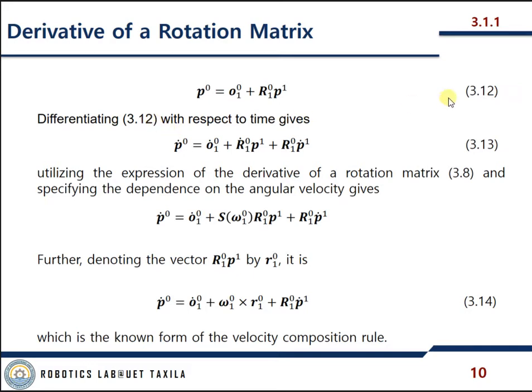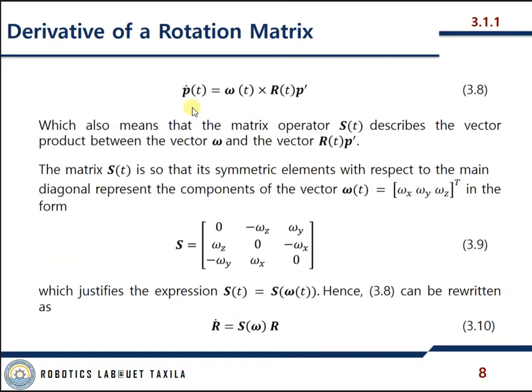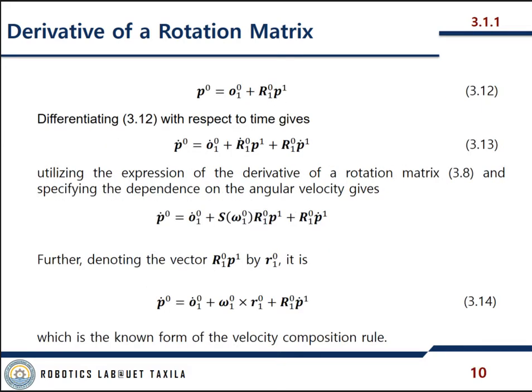Now, differentiating 3.12 with respect to time gives the differentiation of this vector plus the differentiation of this vector. So first R dot and then P dot. Utilizing the expression of the derivative of a rotation matrix, which is represented in 3.8, and specifying the dependence on the angular velocity gives this relation.